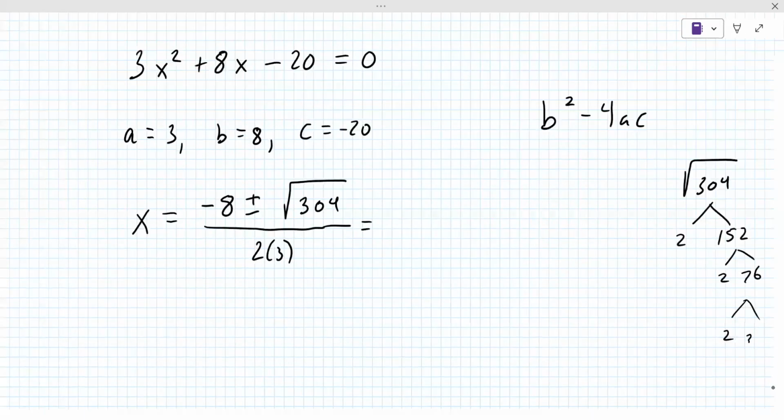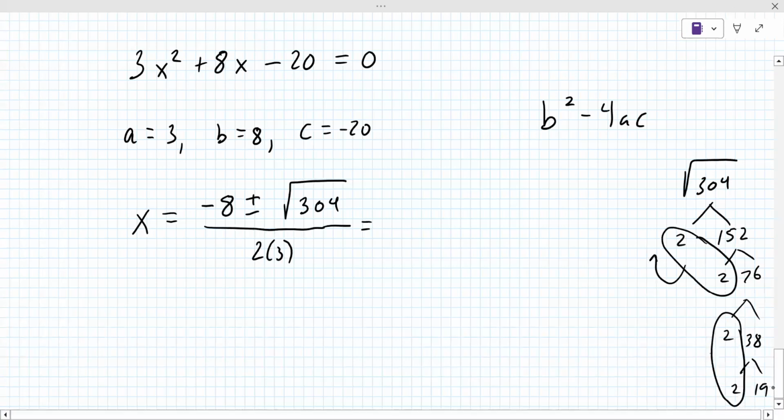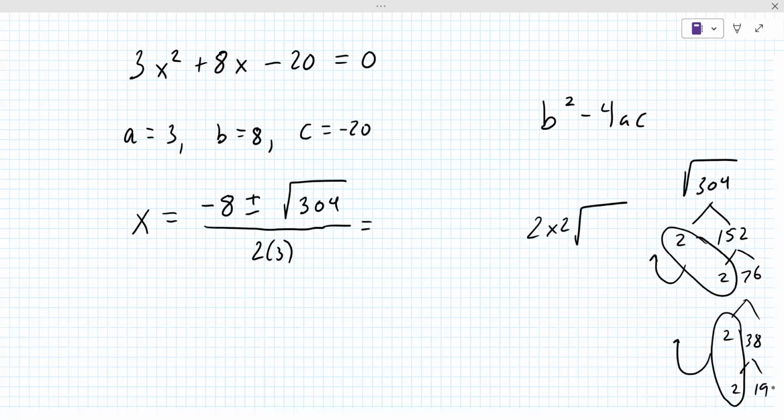It's 2 and 38. 2 and 19. So do you see any pairs? Yeah, 2 of them. So that means for each pair, 1 comes out. So it's 2 times 2 square root of what's left over. What is left over? 19. 19. Yeah, so it becomes 4 square root 19.